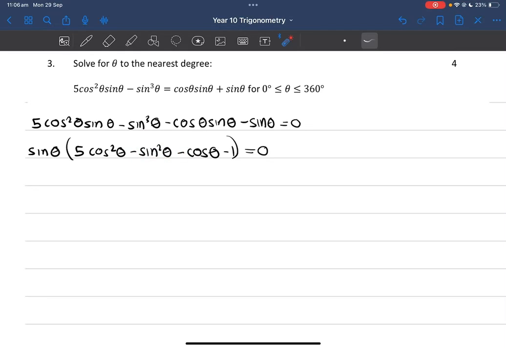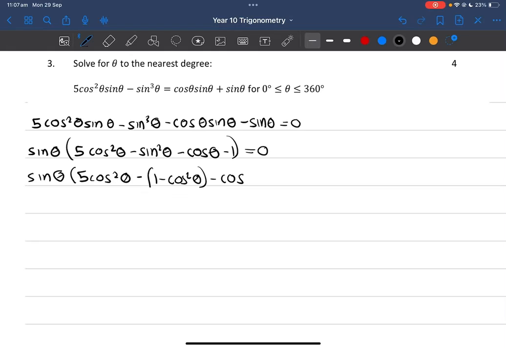However, we can rewrite it using Pythagorean identities. As we know, sine squared theta equals 1 minus cos squared theta. So let's rewrite it as that. Sine theta, 5 cos squared theta, minus 1 minus cos squared theta, minus cos theta, minus 1 equals 0.